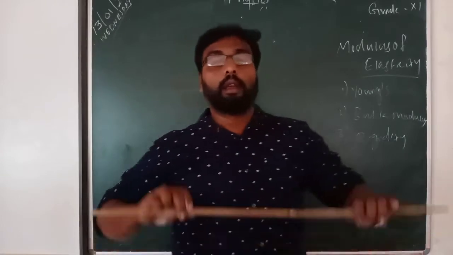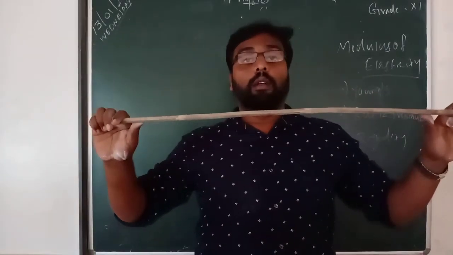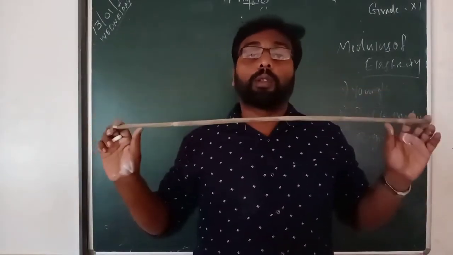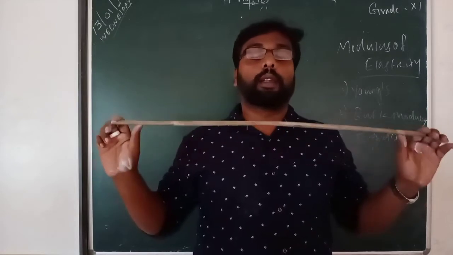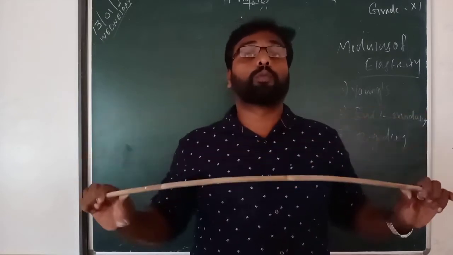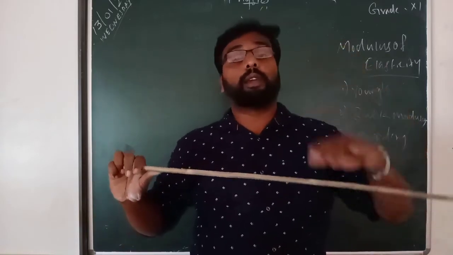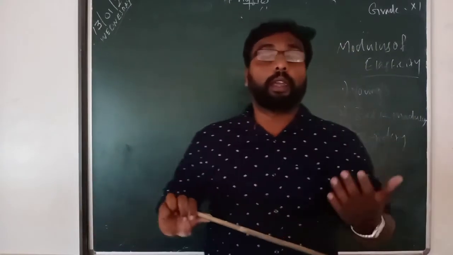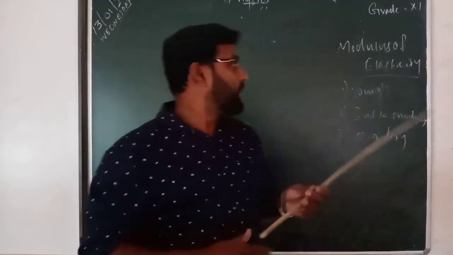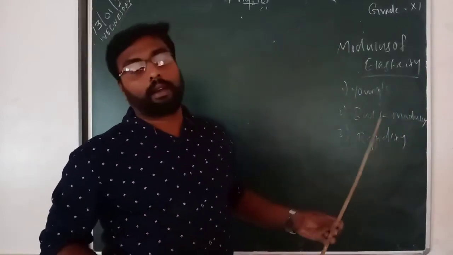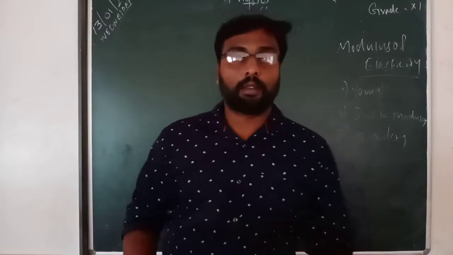If stress and strain are directly proportional to each other until that point, that is the Young's modulus. Above that, the elastic behavior is changing, and based on that behavior it is named bulk modulus and rigidity modulus.